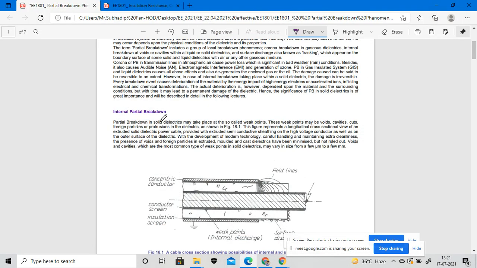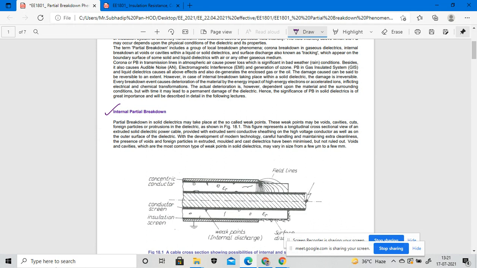Now, the internal partial breakdown. What is actually the meaning of this internal partial breakdown? The partial breakdown in the solid dielectrics may take place at so-called weak points.